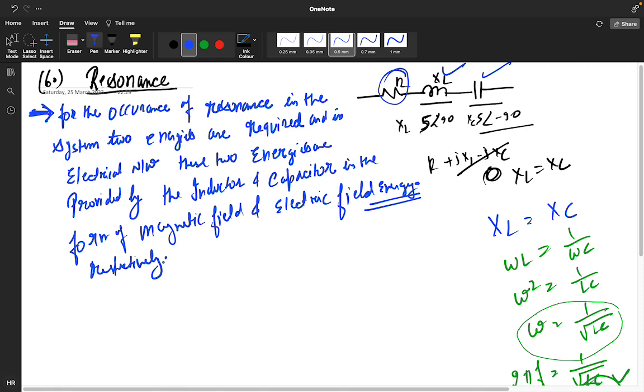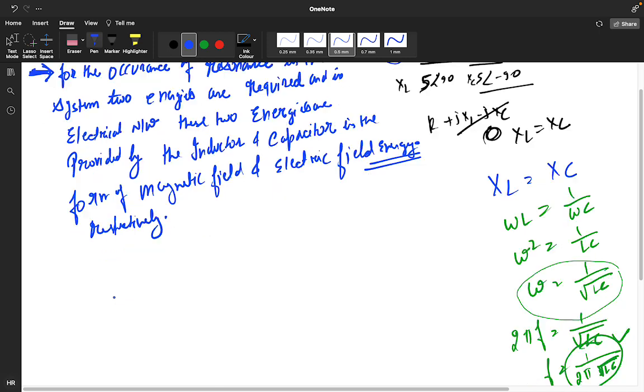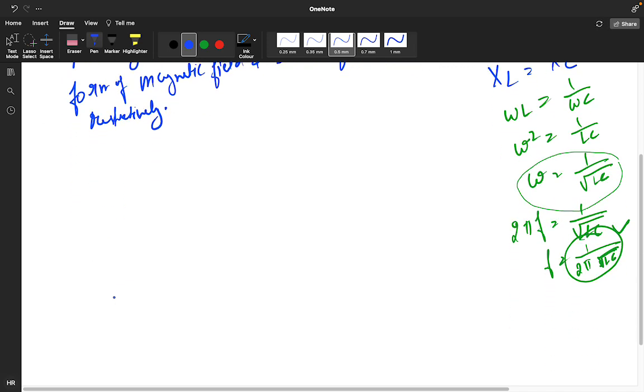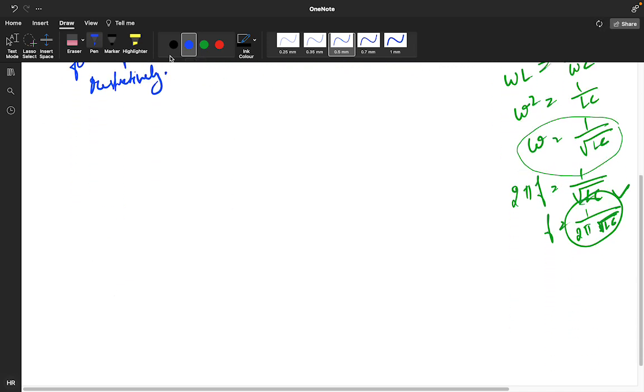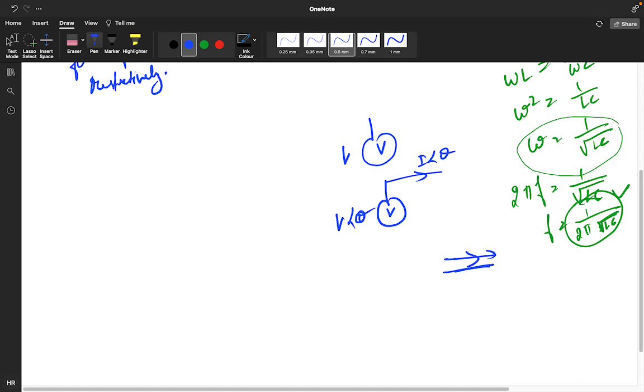So the circuit is said to be in resonance when the source voltage and the source current are in phase. Okay, write it down. In phase means whatever the voltage, suppose V at an angle theta is there, and you are getting I at an angle theta, means your V and I are in the same phase, your circuit will be in resonance, means there will be no phase difference. The difference of angle between V and I will be 0.